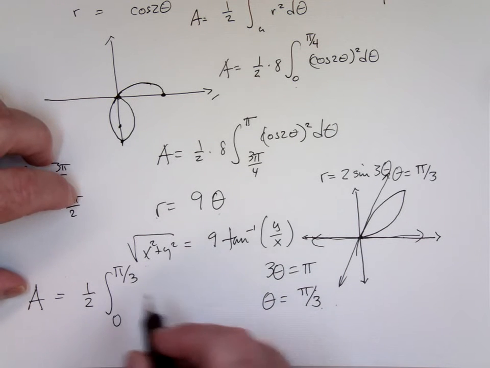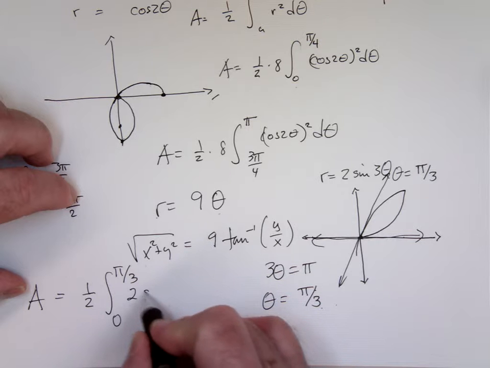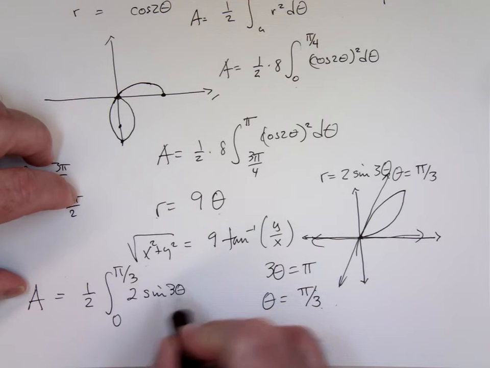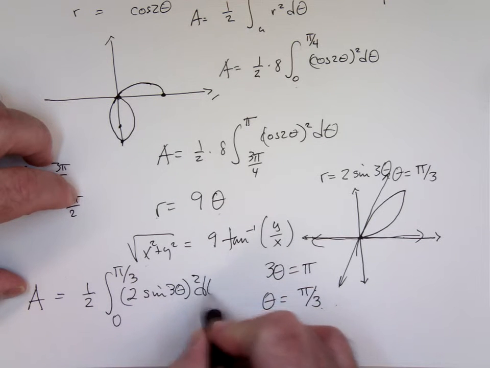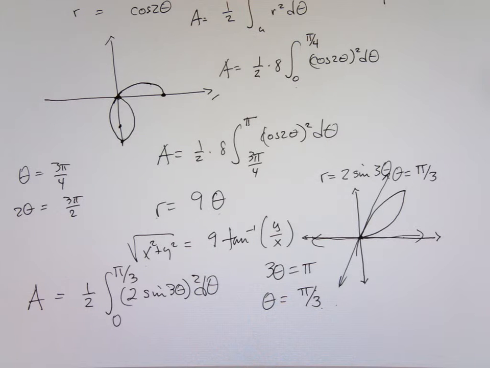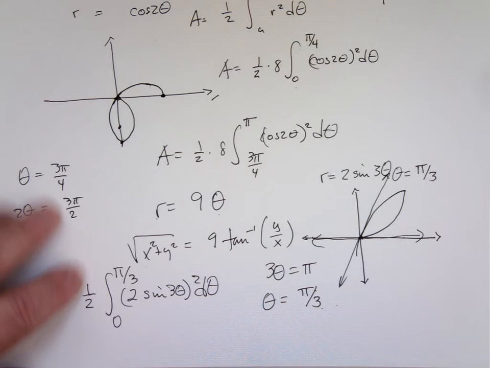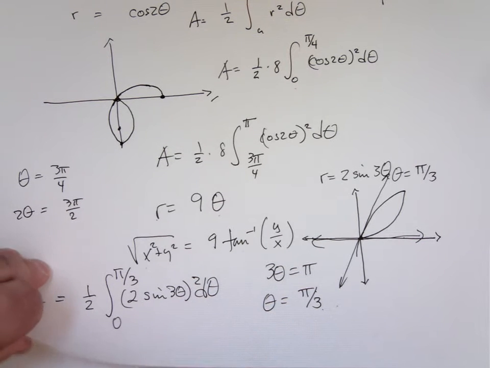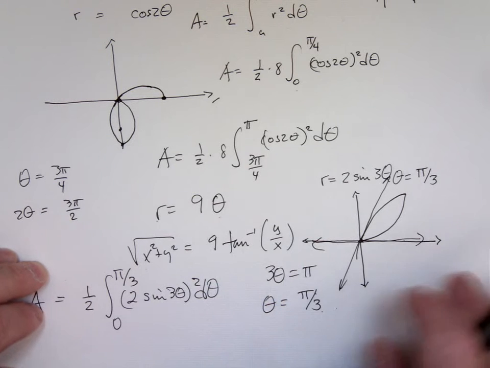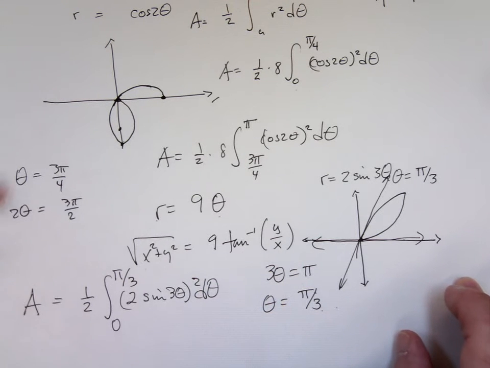R squared, so we get 2 sine 3 theta squared d theta. And they want an actual answer here? On the test, if I were to ask you this, I'd ask you to set up the integral. It's good practice to do these integrals, though. So here we go. You ready? We end up with a 4 that I take out.